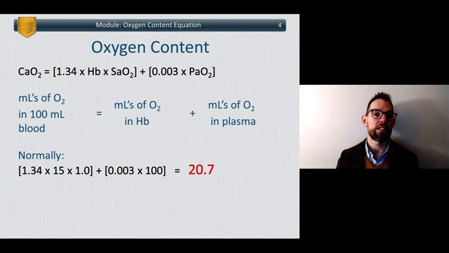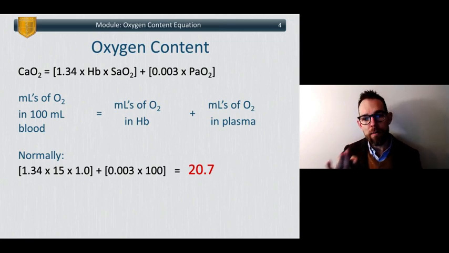Typically that looks like 1.34 times 15, which is the normal hemoglobin, times 1.0, so 100% saturation, plus 0.003 times 100 equals 20.7. So the typical arterial content of oxygen is 20.7.